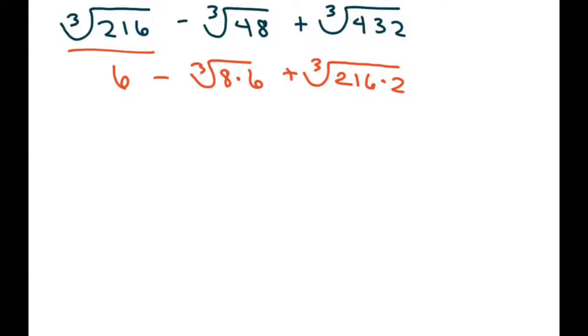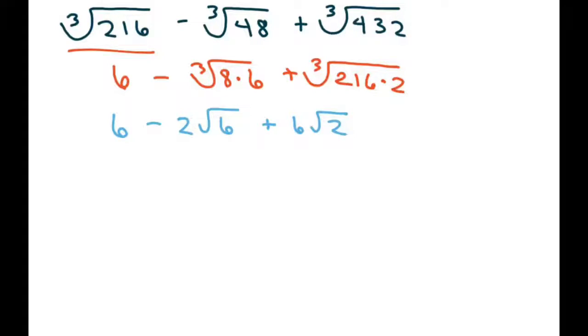And sometimes you have to keep breaking these down. So this one's going to be cube root of 8 is just 2. And the cube root of 216 is just 6. And so we're going to get, I think it's 6 square root of 2.